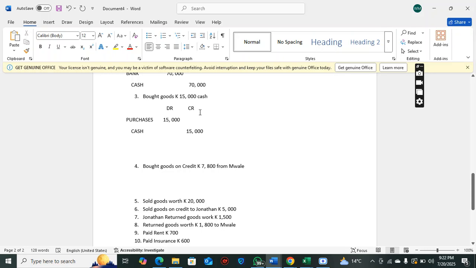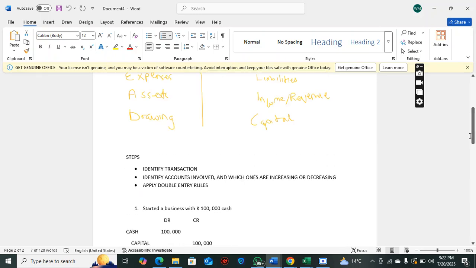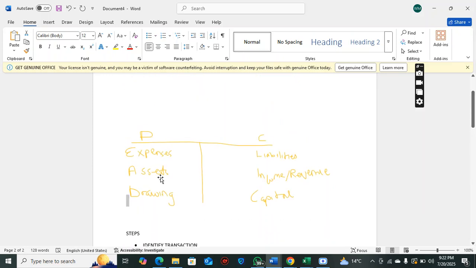Yes, we're talking about this transaction here for bought goods for 15,000 cash. We identified the transaction, we're purchasing goods for resale. The two types of accounts involved here are purchases and cash. Purchases is an expense. Increase in an expense, you debit.